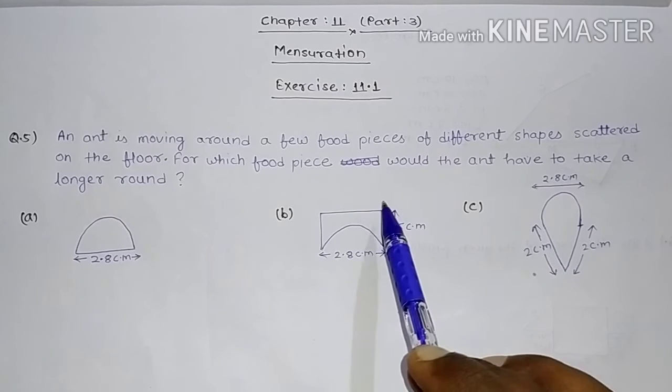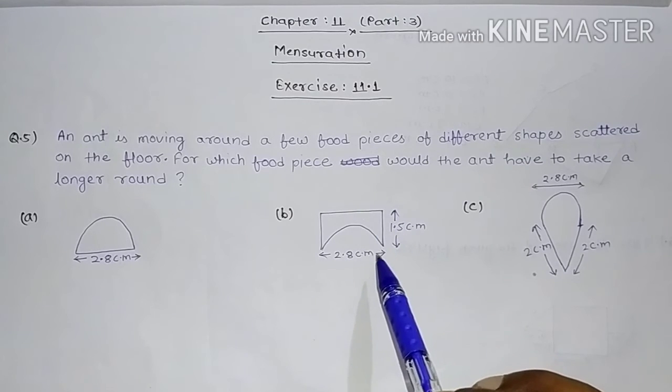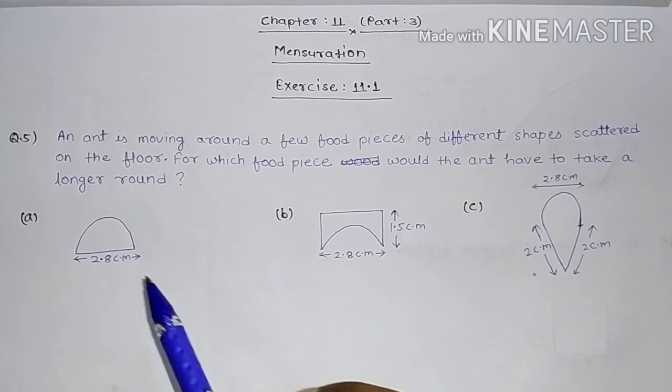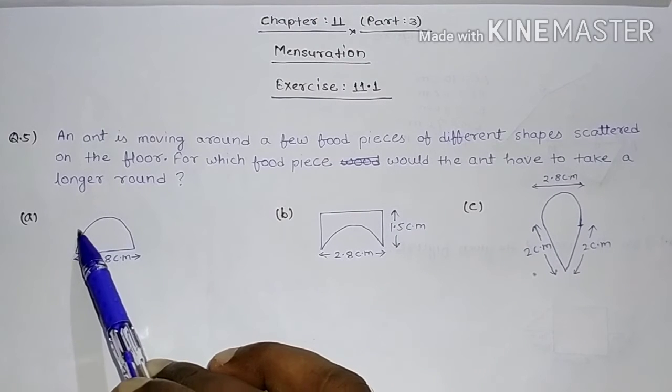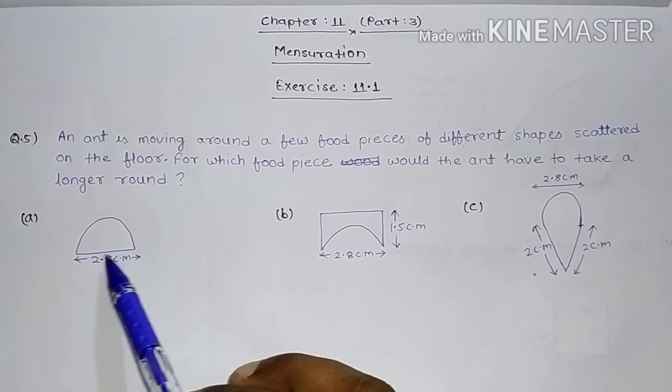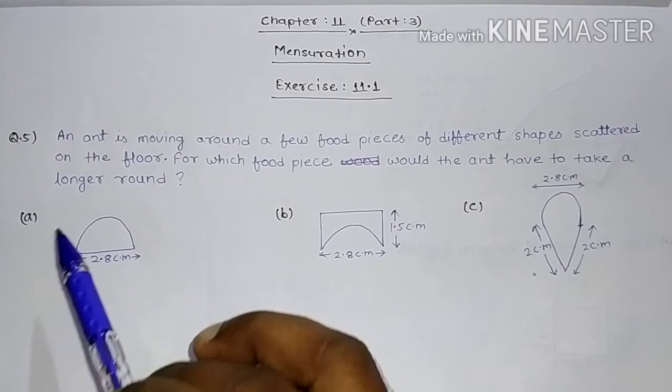Simply, there are three figures given and we have to find which is the longest food scattered shape, or length of food scattered.